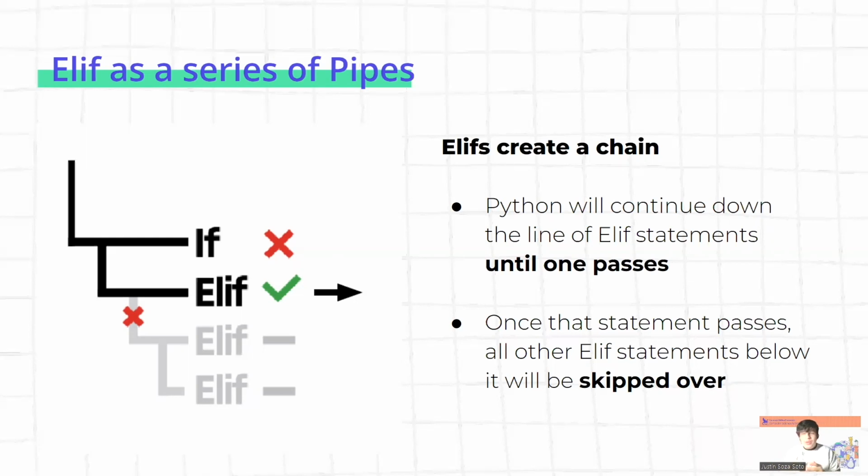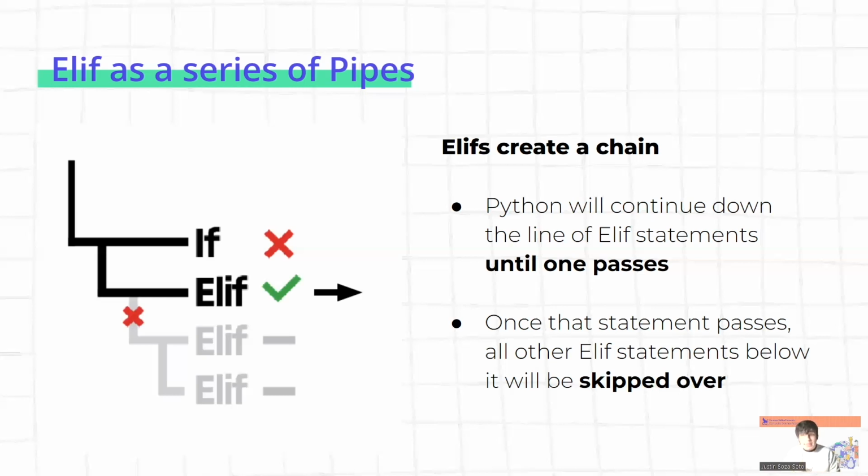In contrast to our inline if statements, as we saw in tip 1, where multiple if statements could pass or fail regardless of the order, elif statements create a one-way path. As Python goes down our code, it'll start checking the first if statement.